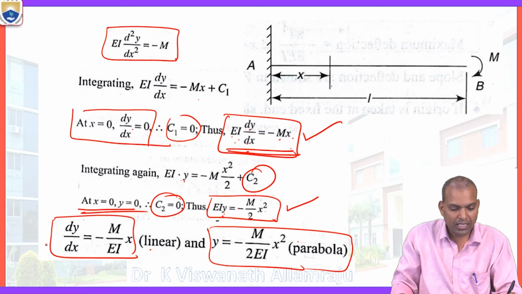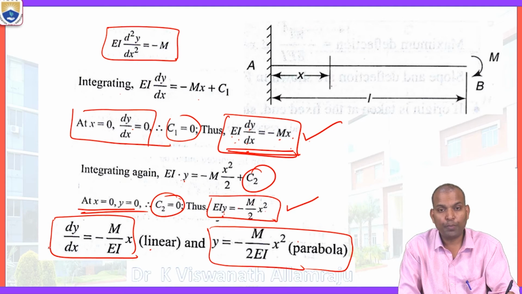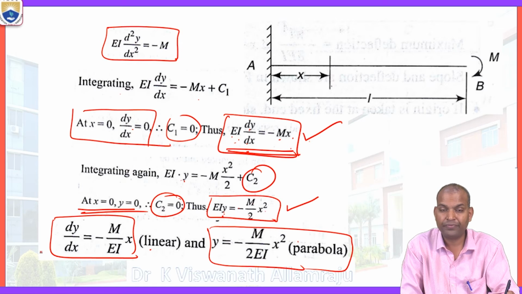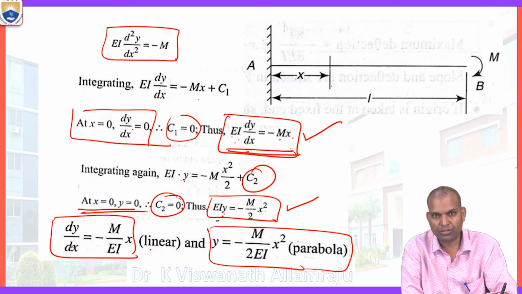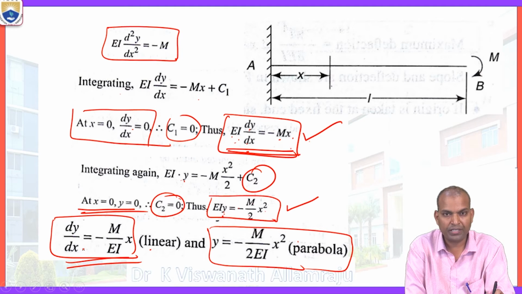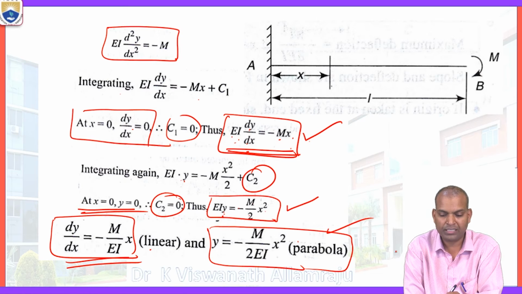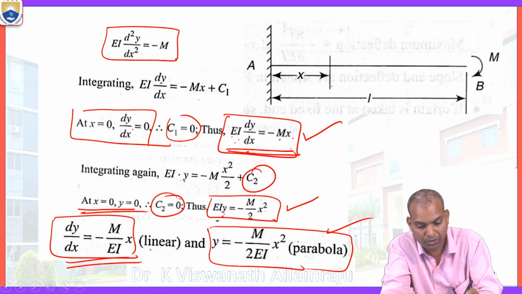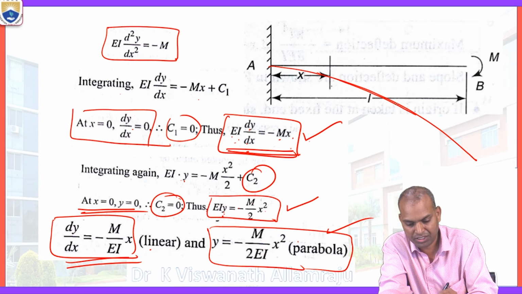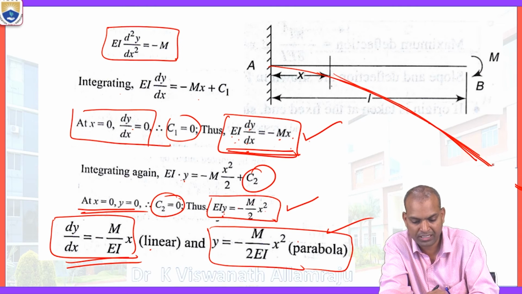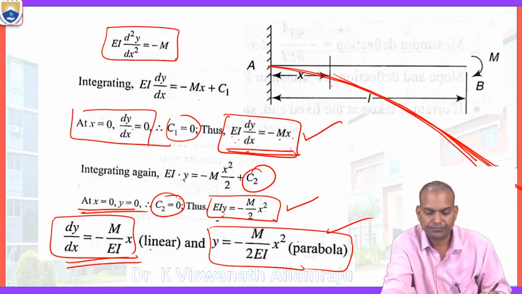The speciality of this case is that the slope and deflections are in terms of the moment, the couple M, not W, UDL or concentrated load. The slope varies linearly and the deflection varies as a curve.